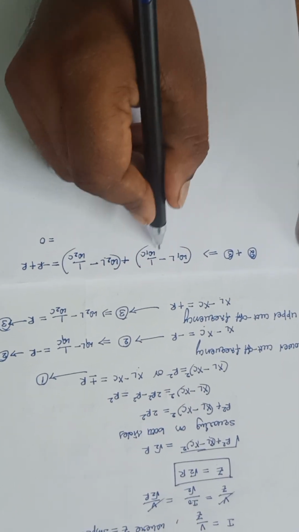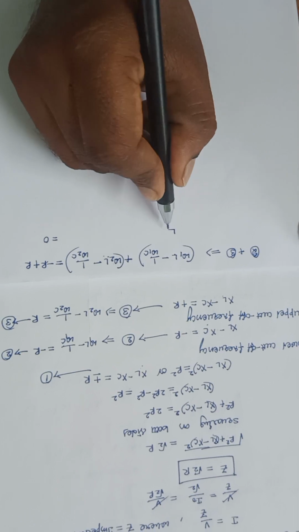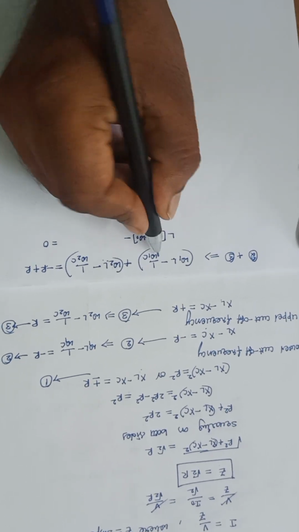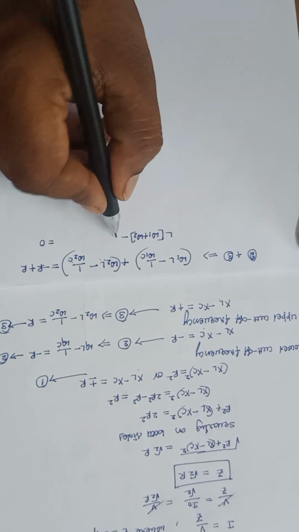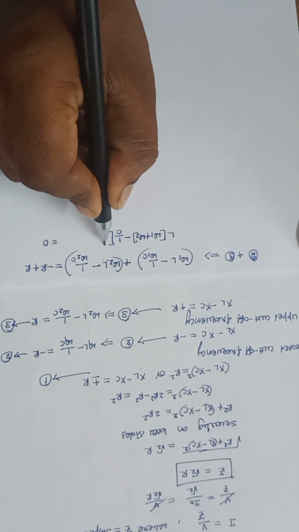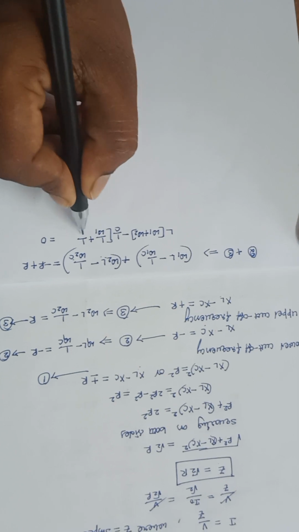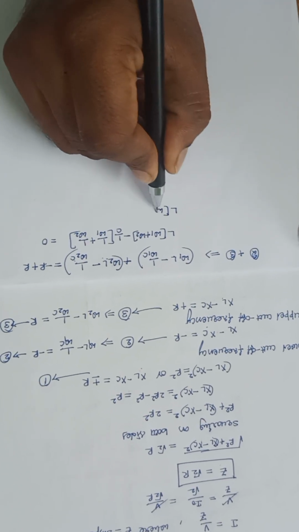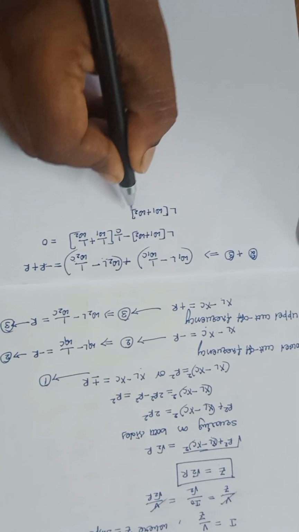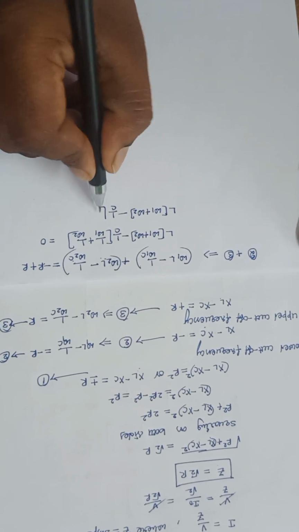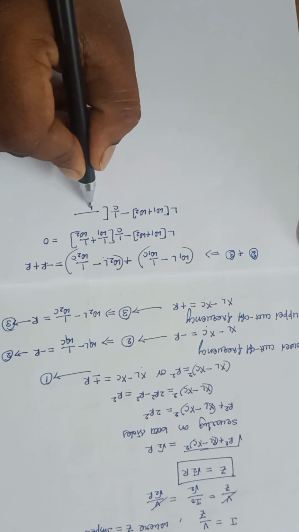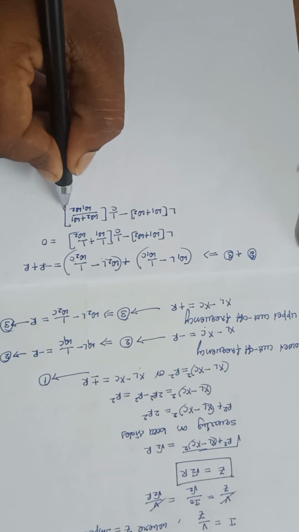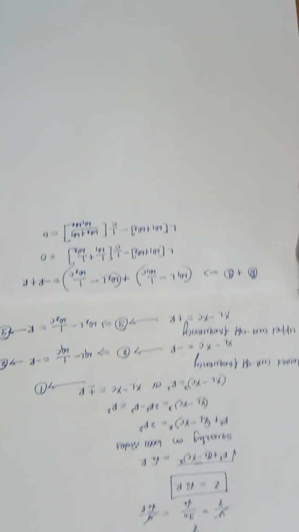Now if I take L as common here, it is L into (omega 1 plus omega 2). In these two terms, if I take minus 1 by C as common, it is 1 by omega 1 plus 1 by omega 2. Now L into (omega 1 plus omega 2) minus 1 by C into, if I take the LCM of omega 1 into omega 2, it will be (omega 2 plus omega 1) divided by omega 1 into omega 2, that is equal to 0 here.